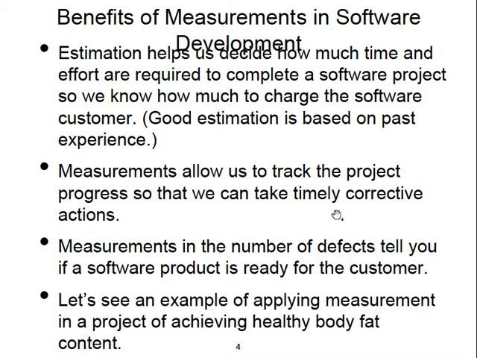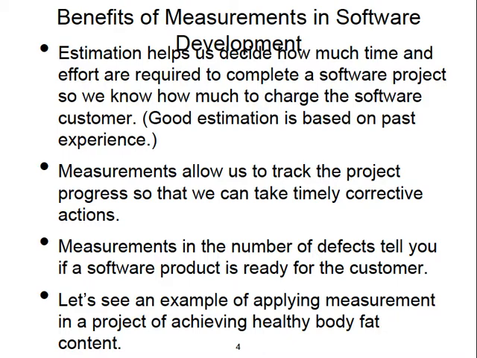And if you have ways to measure the progress of your software project, then you know when it is ahead of schedule and when it is behind schedule. If you don't have measurement, you don't know. Also, if you have some quality measurement, then you know at what point your quality has gone down and needs improvement, or at what point you're doing okay.